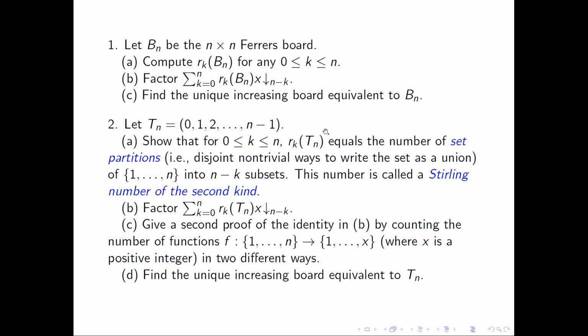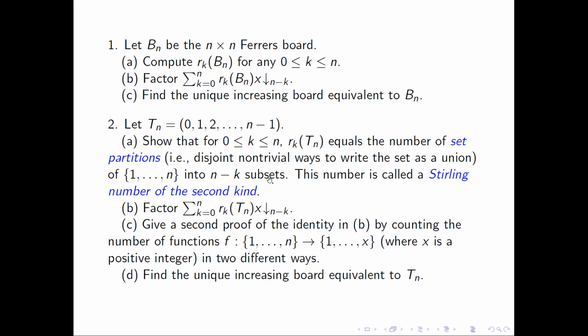Two is a different one. Here I just wanted to look at that stair step board itself. This is an interesting one. R_k of Tn, the number of ways to place k non-attacking rooks, equals the number of set partitions. A set partition is a non-trivial disjoint way of writing the set as a union.